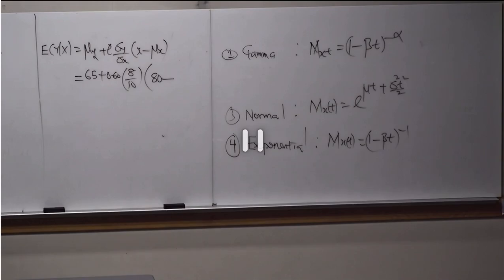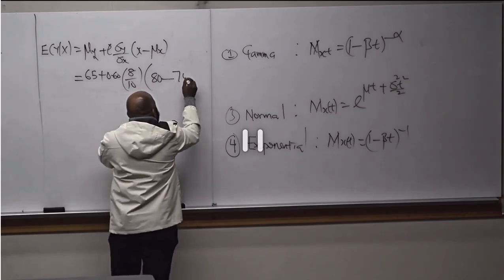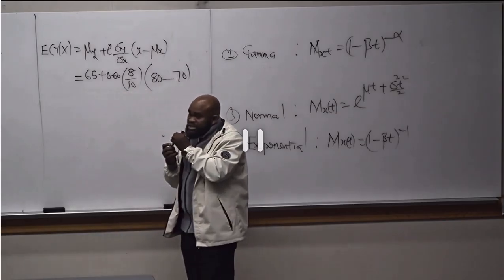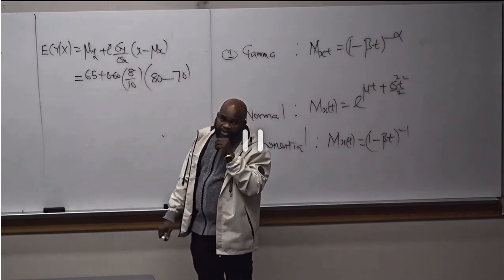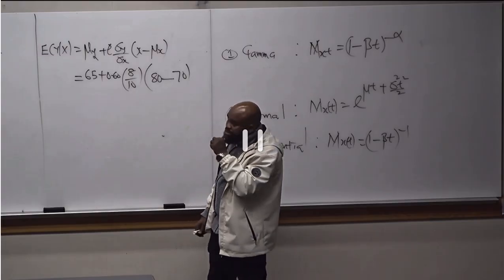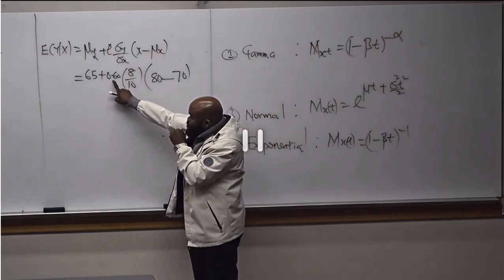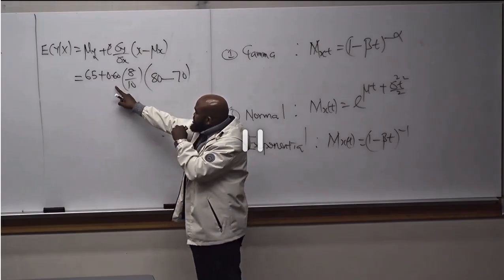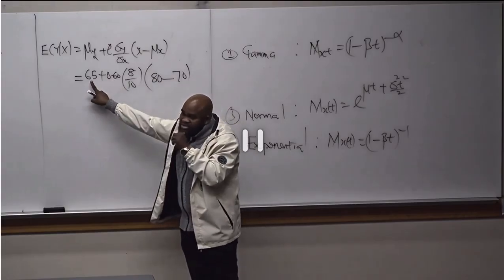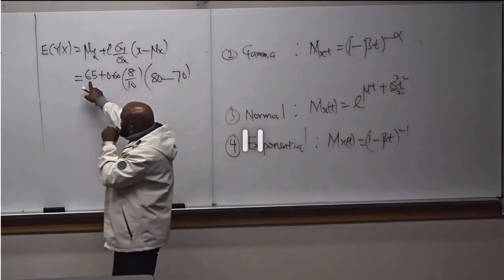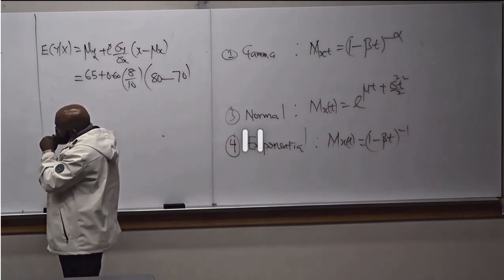Now, let me tell you this. The only condition under which the conditional mean and unconditional mean will be the same is when rho is 0. But rho is not 0, so I'm going to compute this and add it to 65, and that is going to be my conditional mean.